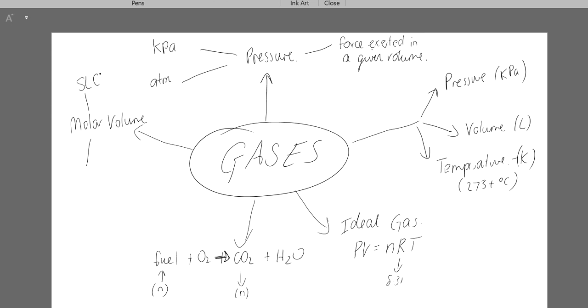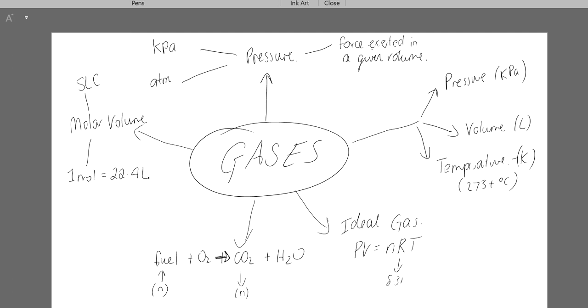Basically what it says, considering an ideal gas, is that 1 mole of any ideal gas will be 22.4 litres at standard lab conditions, which is 1 atmosphere and 24 degrees Celsius. I can't remember the exact conditions. But it allows us to use that comparative.